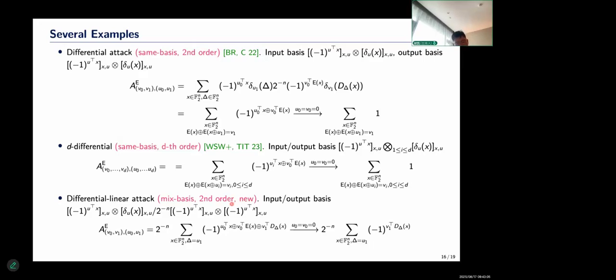So in our paper, we introduce a new method for studying the differential-linear attack. So we choose a differential basis for the input and a linear basis for the output. Then we can construct the expression for studying the differential-linear attack.